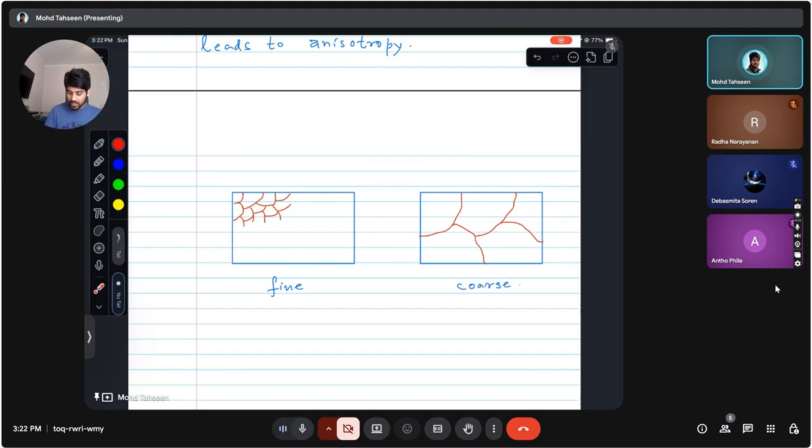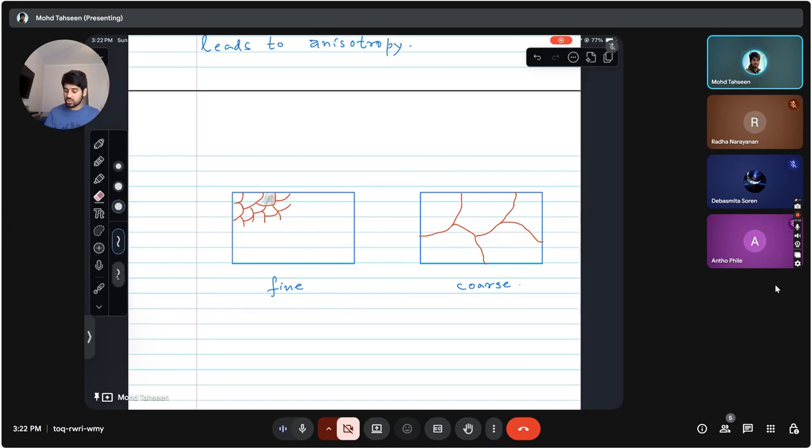Now when we have a fine structure, it makes sure that whatever grain I choose, let's say I pick this grain, I can say that there would exist another grain in the material which has opposite orientation to this one. Because if there are so many grains, there would be one grain which would be cancelling its effect.